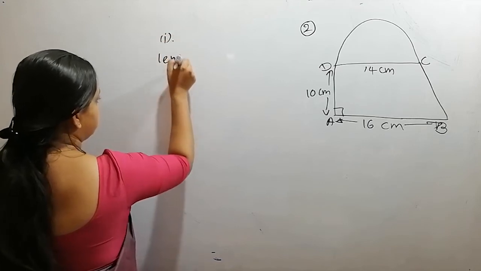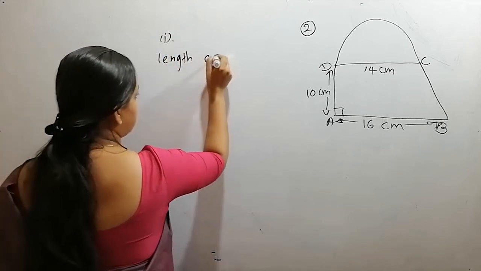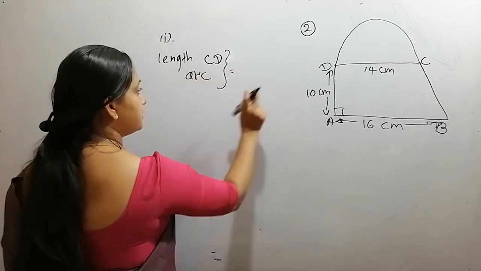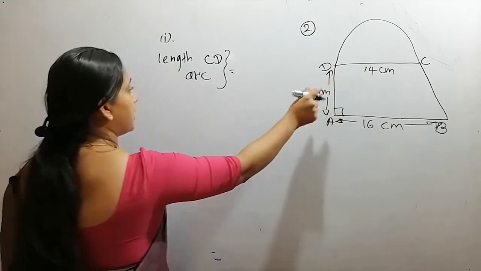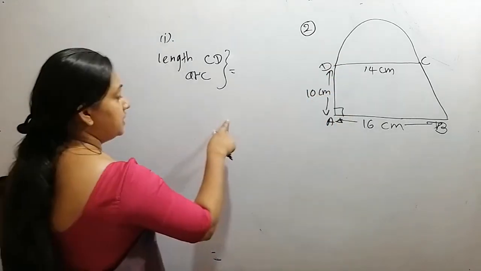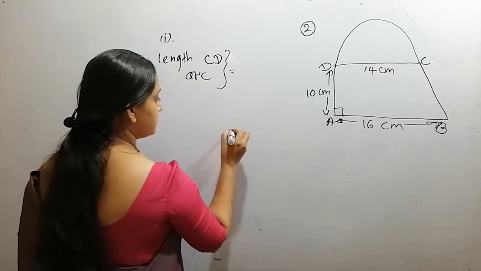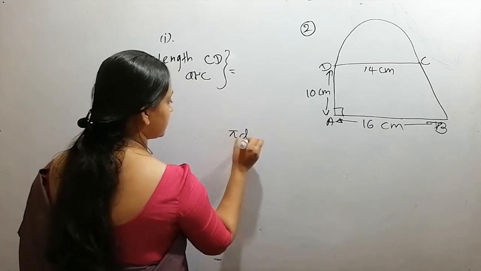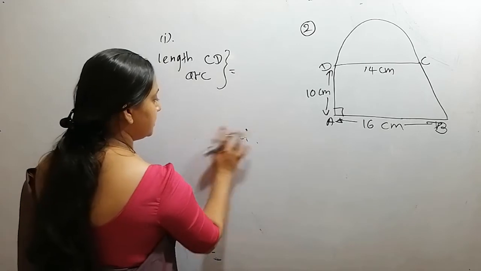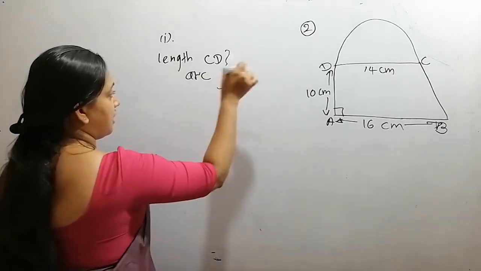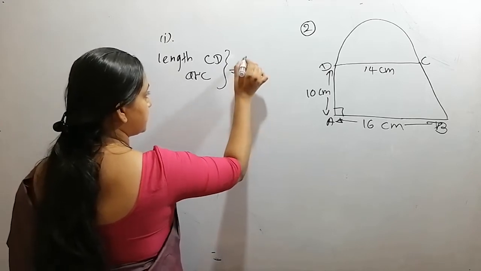Length of CD arc. It is a semicircle and the diameter is given. We know if it is a circle, if the diameter is given, the circumference will be equal to pi d. Okay, but here there is a semicircle, that means the length of CD arc is half of a circumference.